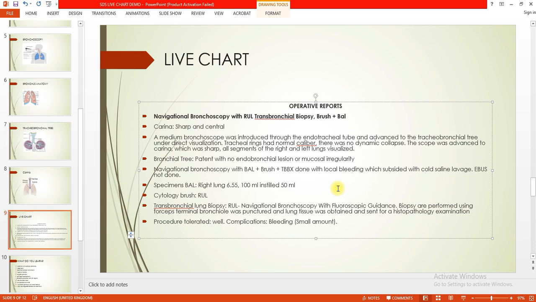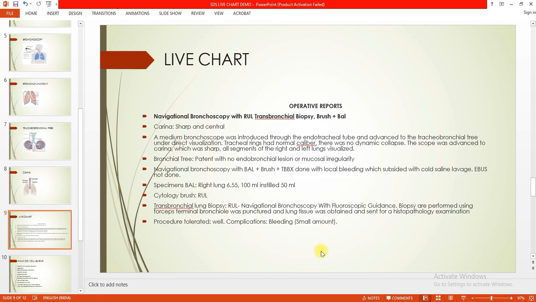Perfect. So in which scenario will you code both procedures? Different location. Yeah, perfect. If the patient has a diagnostic procedure in one location and a surgical procedure in another location, then we can code both.